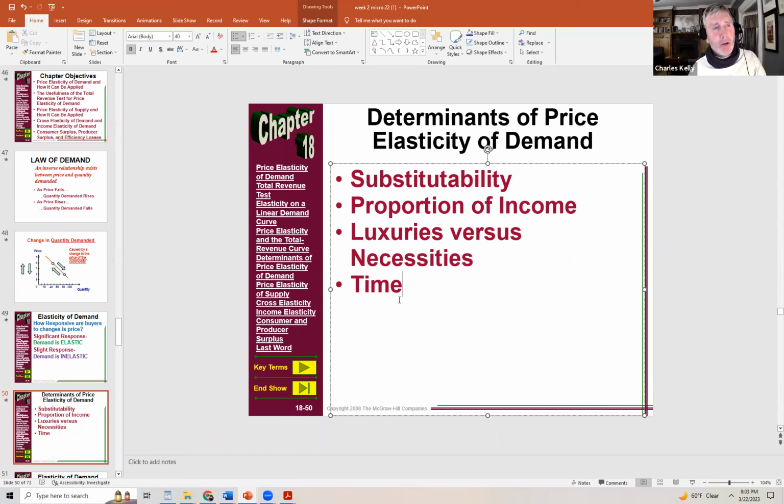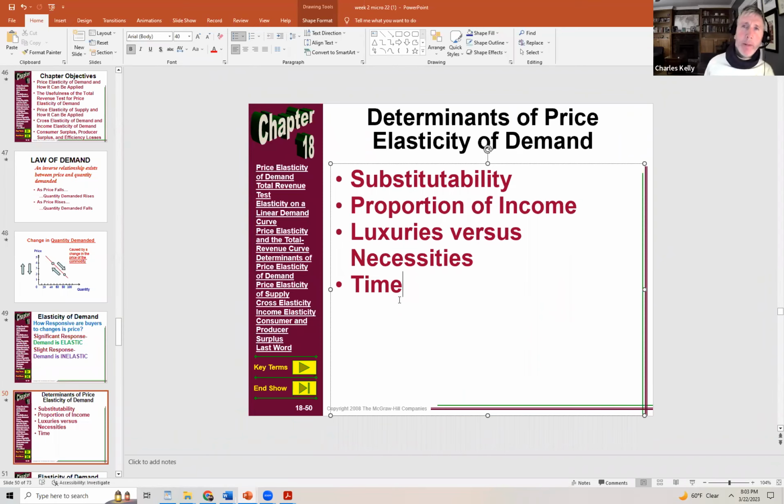You're going to pay the money because you're stuck there. Or you can leave and miss the ball game, but that makes no sense because you spent $70 for the ticket or maybe more. So when you don't have much time to respond, demand tends to be rather inelastic.